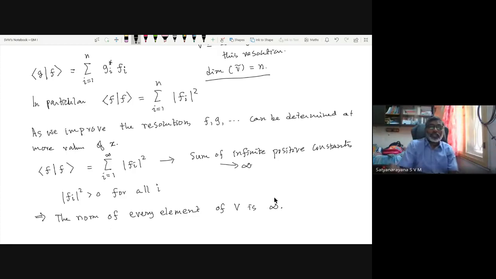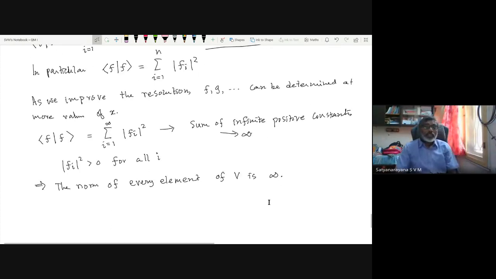This makes no sense. We should not have such a definition of inner product which gives you the norm of every element to be infinite. So this requires a modification.